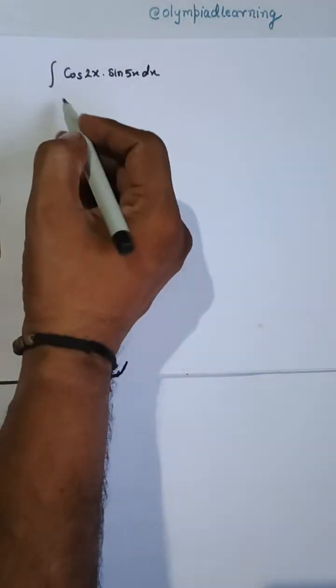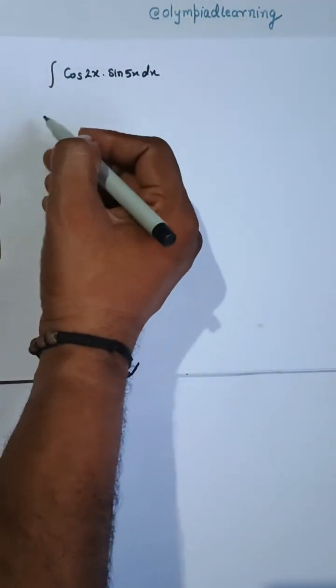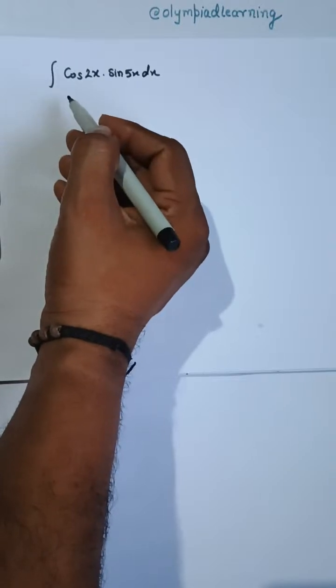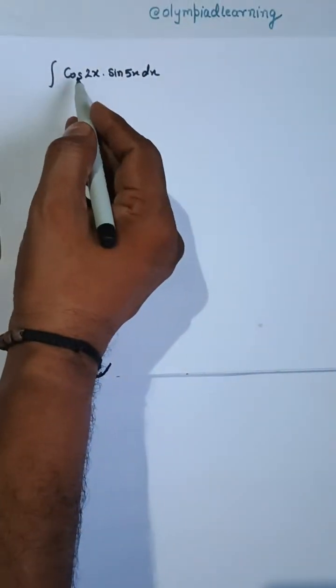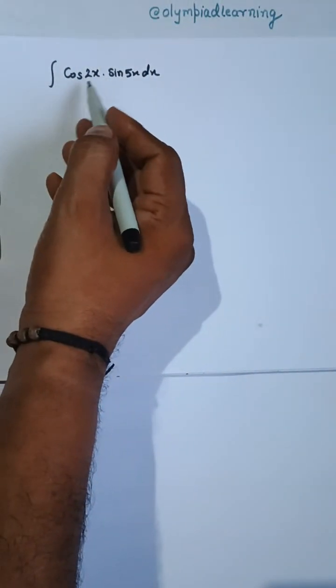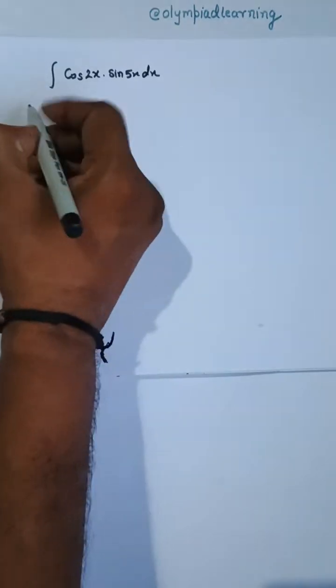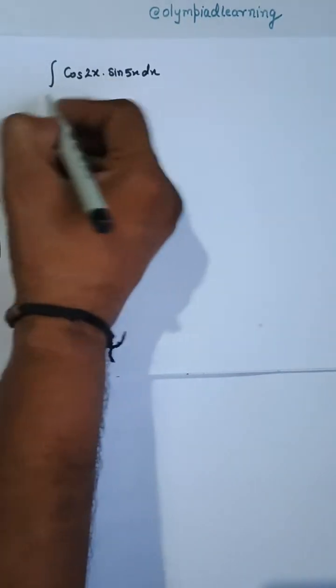So let's do it here. Before solving this one, we should know the technique to transform it, and we have some formula to conquer this problem. Here we see that cos and sine are there, so we need a formula for cos and sine together.